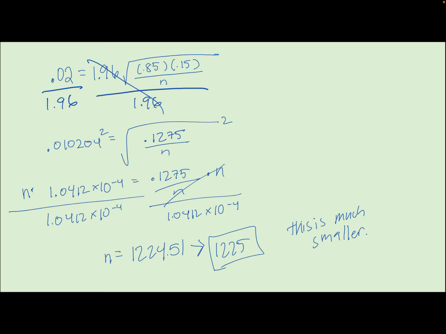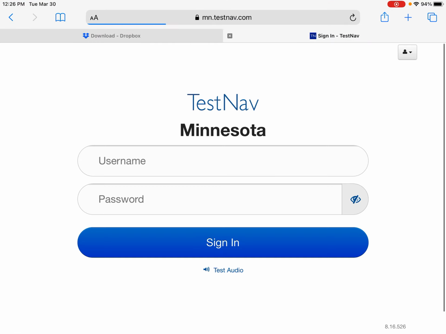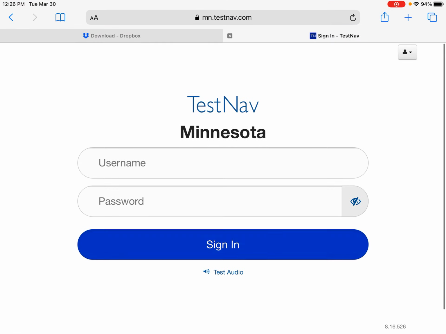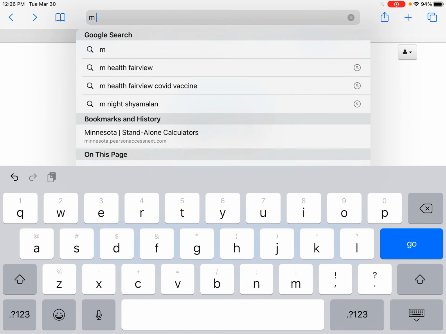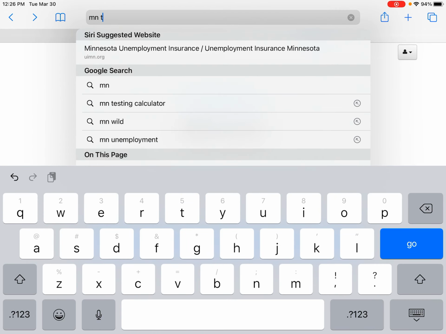Okay, so I'm going to jump over to my calculator just to walk you through how to do these calculations, because they're a little bit clunky.